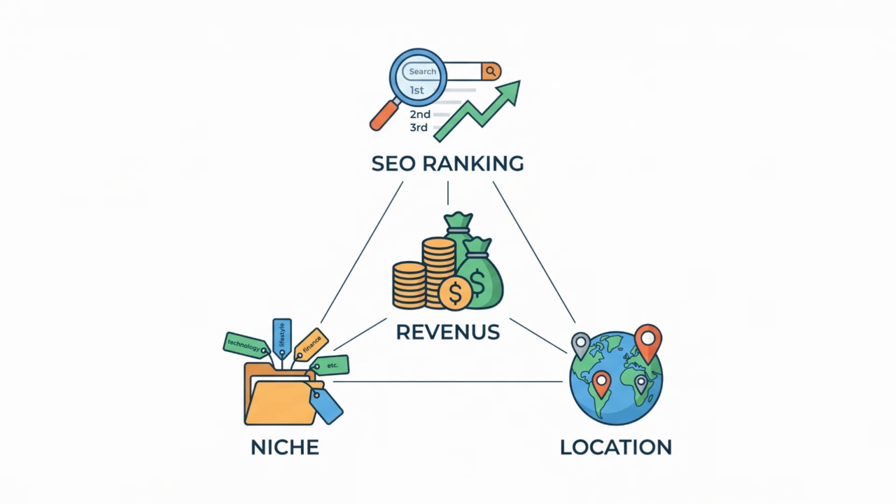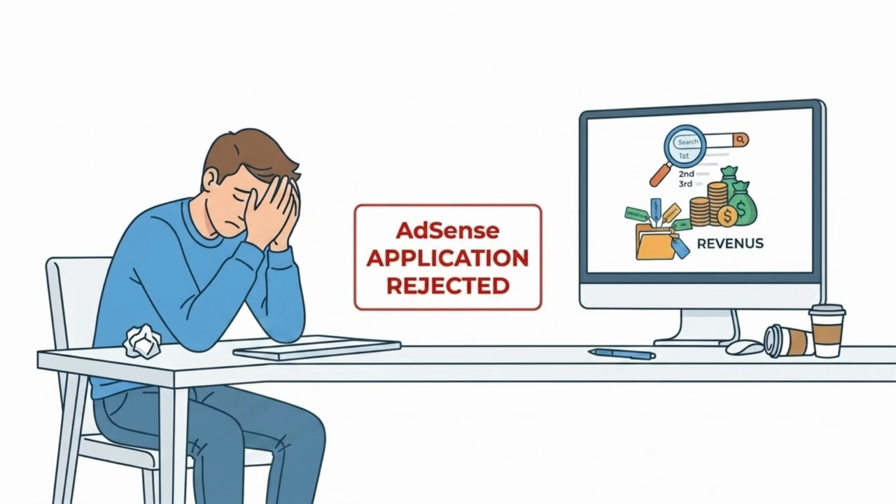But here is where most people fail. Building a blog is not enough. If your website doesn't follow Google's quality guidelines, SEO best practices, and access requirements, there is a good chance your monetization application will be rejected. Or worse, your website might never get traffic.